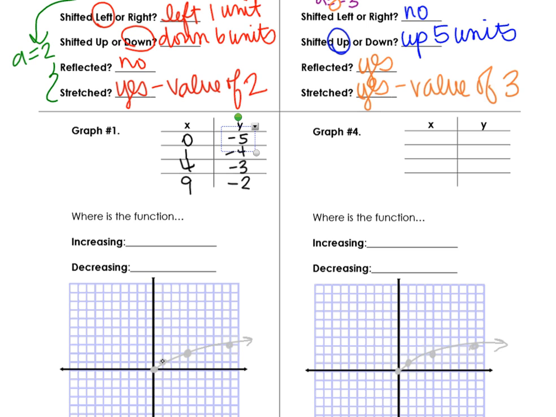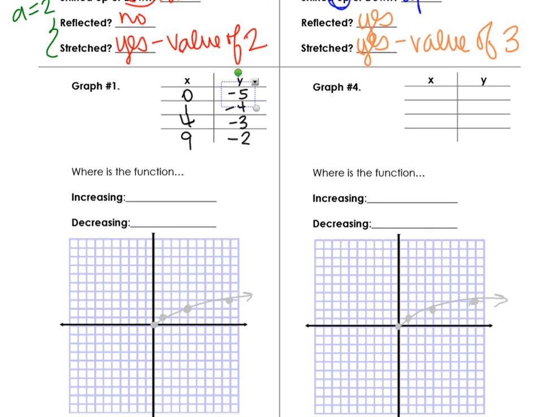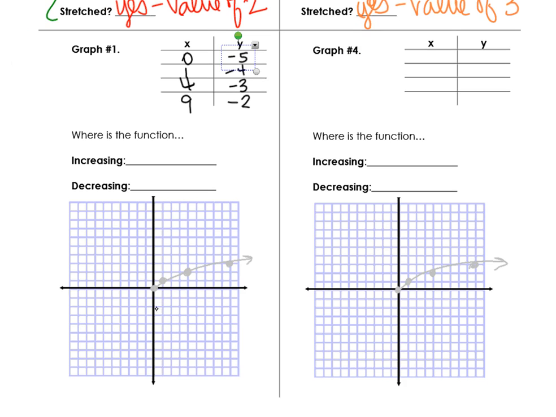So at 0, we're at -5. 1, 2, 3, 4, 5. Here we're at 1, -4. At 4, we're at -3. And at 9, we're at -2. Oops, sorry, I graphed that last one incorrectly.